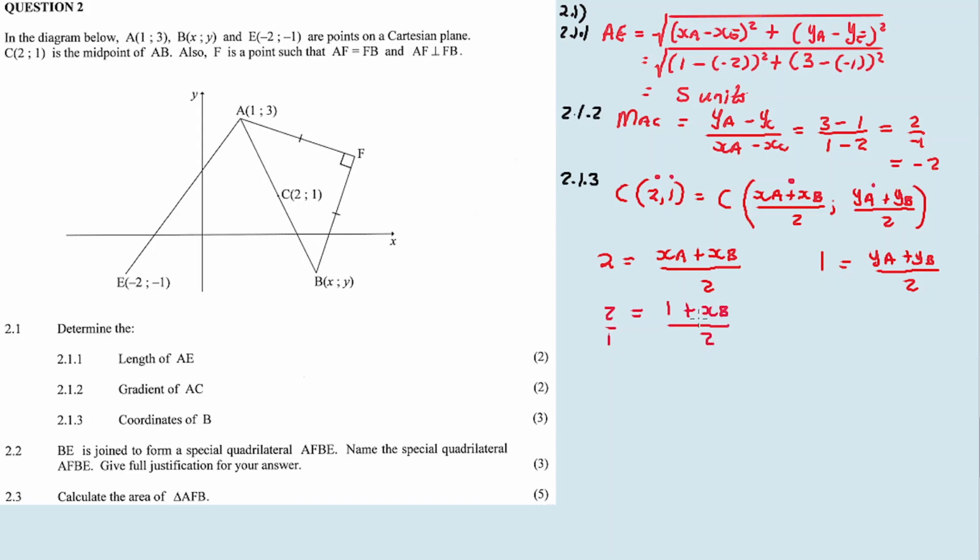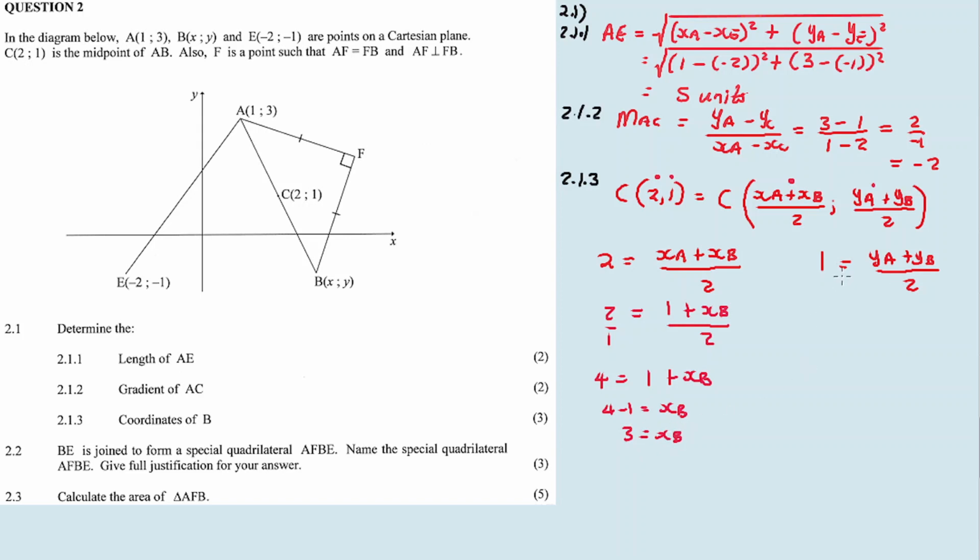I divide by 1 on the left so that I create a fraction there as well. Why do I want a fraction there? So that I can cross multiply. 2 times 2 is 4. 1 times 1 is 1. 1 times XB is XB. Therefore 4 minus 1 is equal to XB. So 3 is equal to XB.